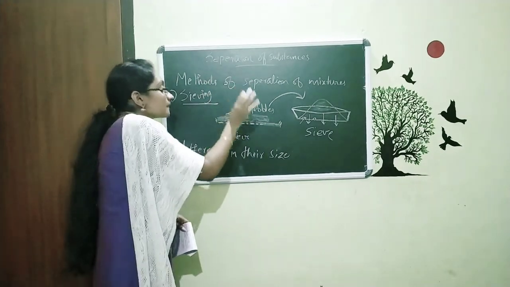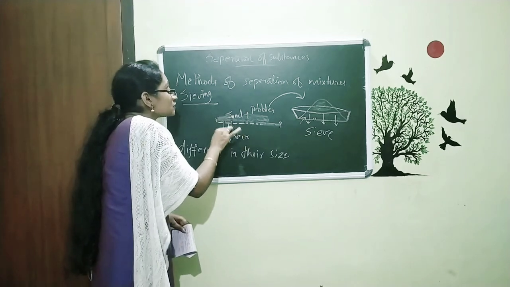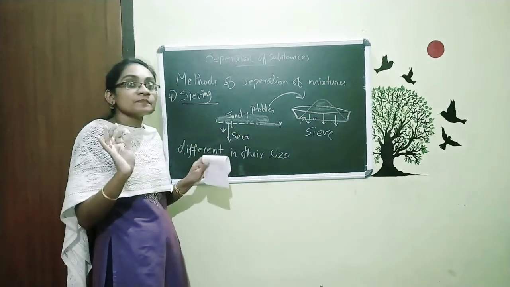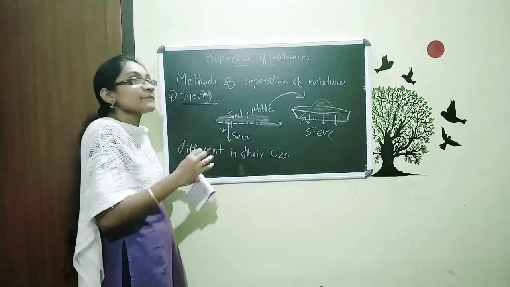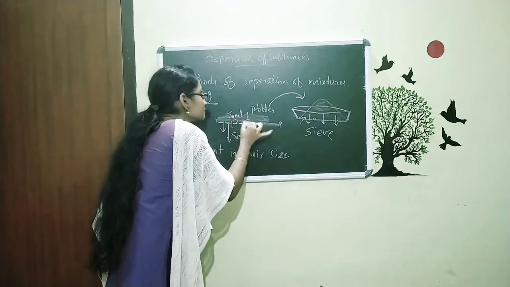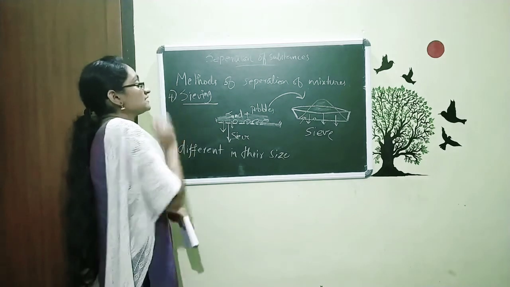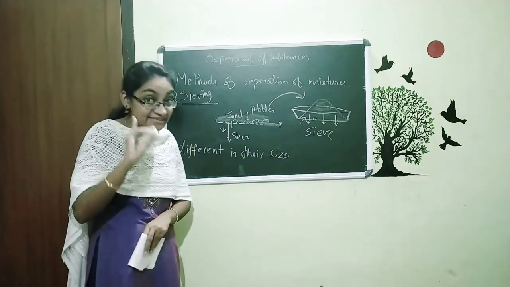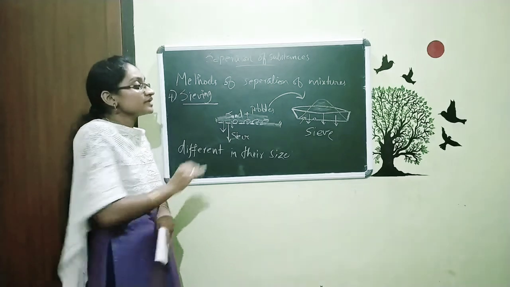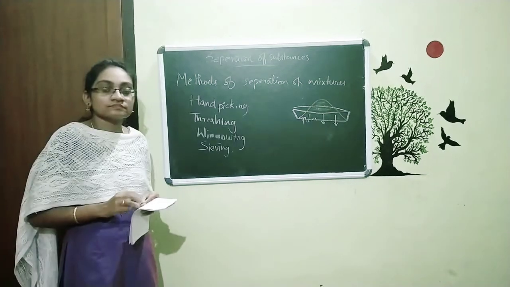The particles will come out through the sieve, and the impurities or the big particles will be left on the top of the sieve. This is what happens in sieving. Here also you want to remember the examples and also the definition for sieving.